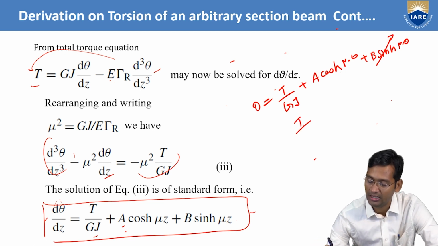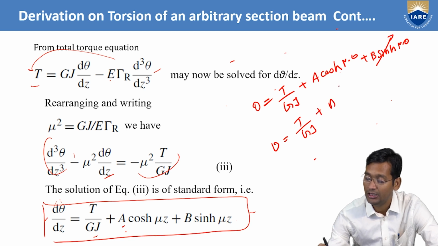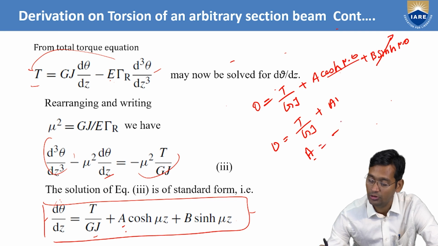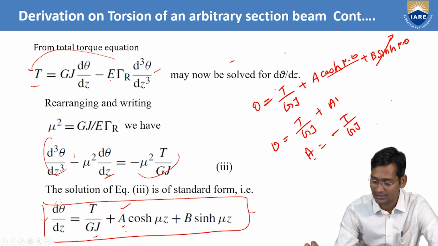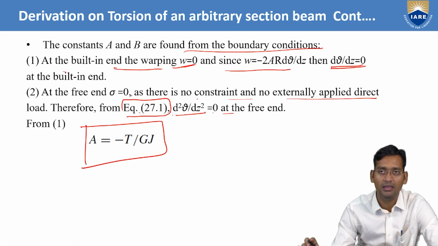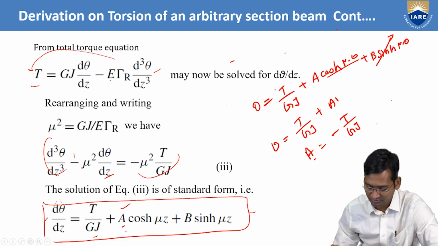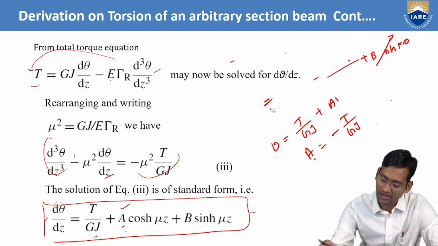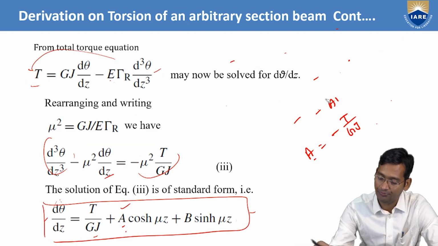So T by GJ plus A into 1 equals 0. From here, A equals minus T by GJ. So now we got A equals minus T by GJ. Next, we have to find B.